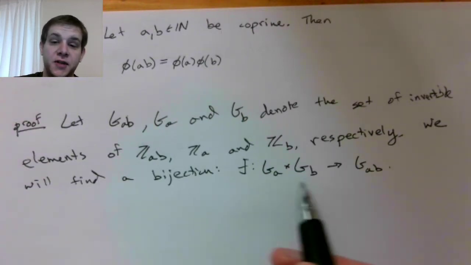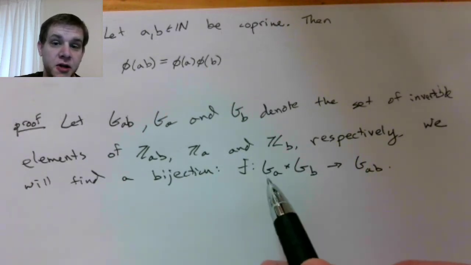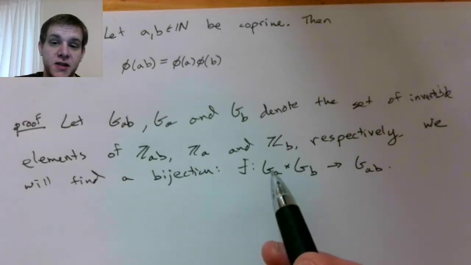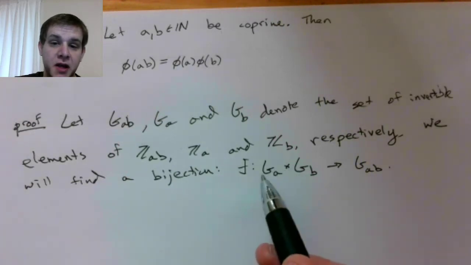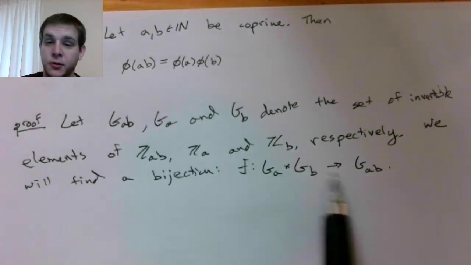I know that if there exists such a bijection, by what we proved in chapter 2, the cardinality of this set is equal to the cardinality of this set. And the cardinality of this set is the product of the cardinalities of G sub A and G sub B. Remember that this is the set of ordered pairs.